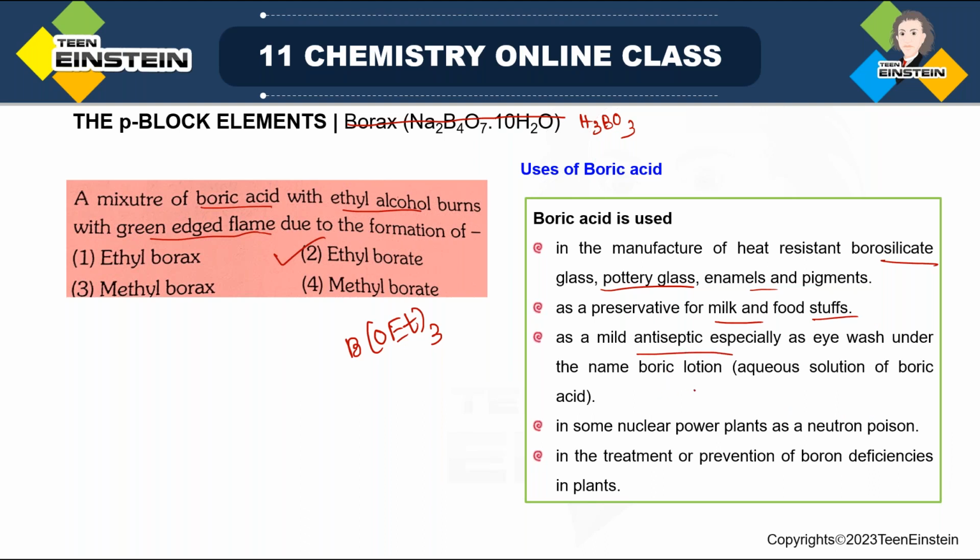It also has some mild antiseptic property as an eye wash, and its lotion, the aqueous solution of H3BO3, is known as boric lotion, which has a mild antiseptic, not major antiseptic, property. In some nuclear power plants it is used as a neutron poison, because it has the capacity to absorb neutrons. In the treatment or prevention of boron deficiencies in plants also, H3BO3 can be used. Fine.